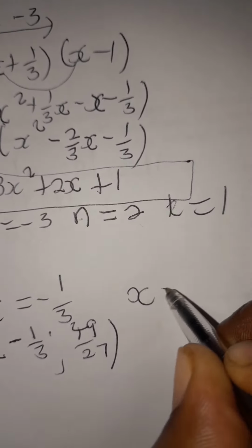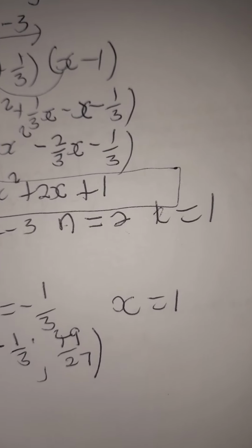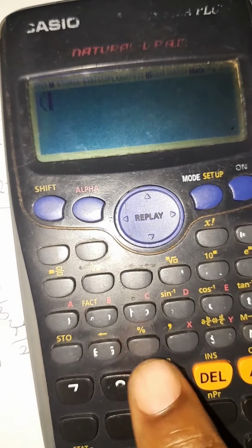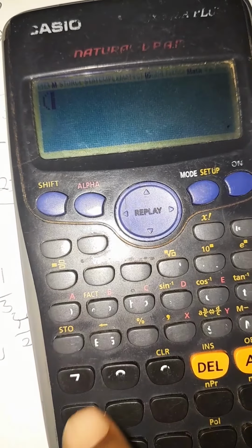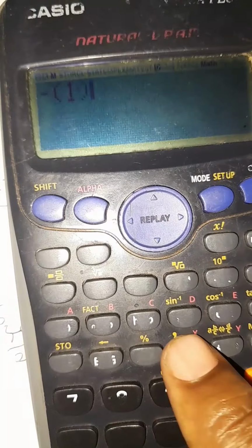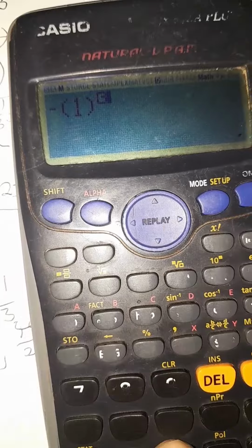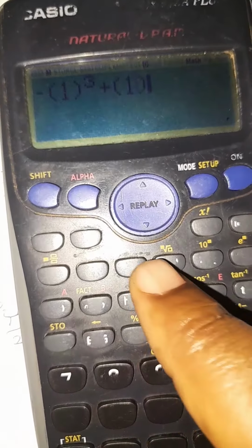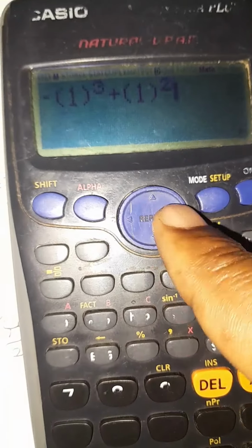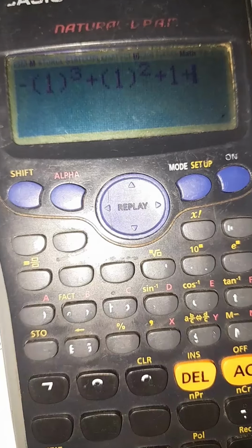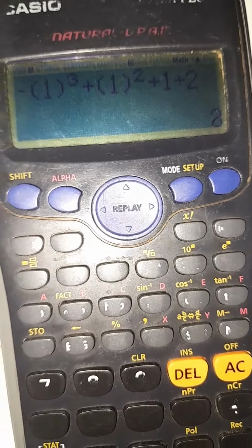So what happens when x is 1? Let's go back and put that into practice. When x is 1, we have minus 1 to the power of 3, plus 1 squared, plus 1, plus 2, that's 3.